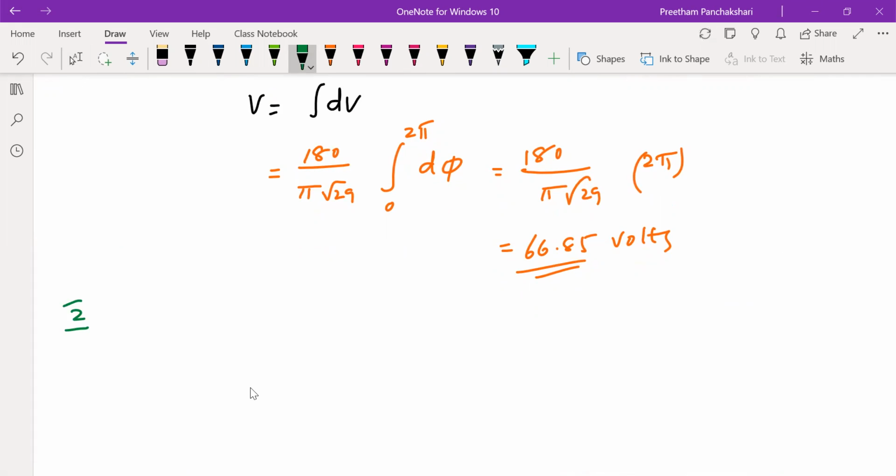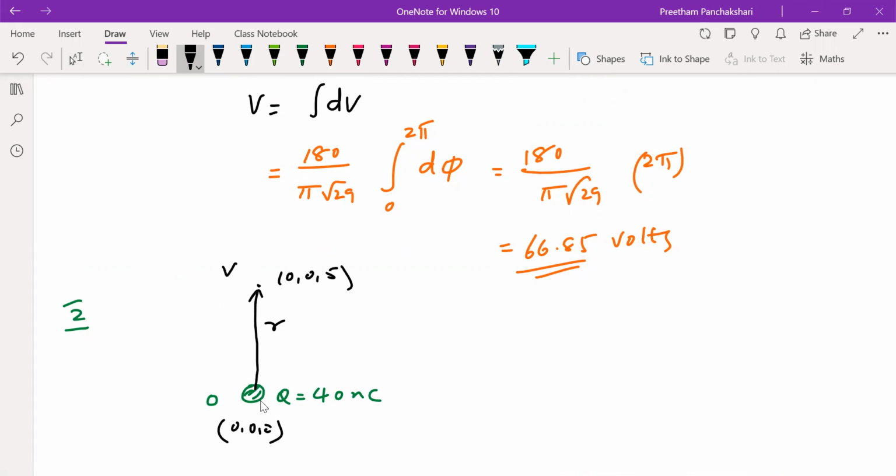So in the second part, we have a charge of 40 nanocoulombs located at the origin. And what is the electric potential at this point (0, 0, 5)? And this is R. We know that the coordinates of the origin are (0, 0, 0) and the point is (0, 0, 5).